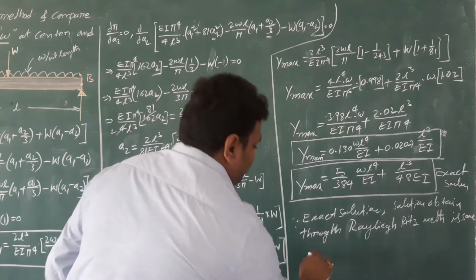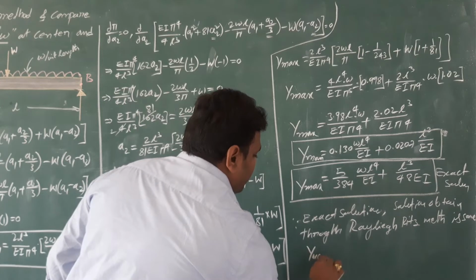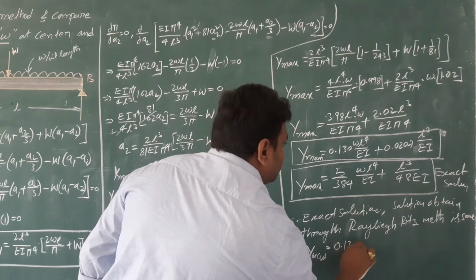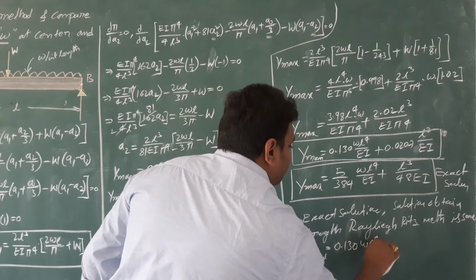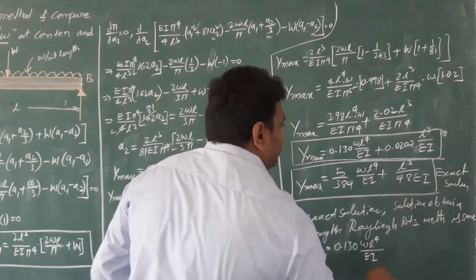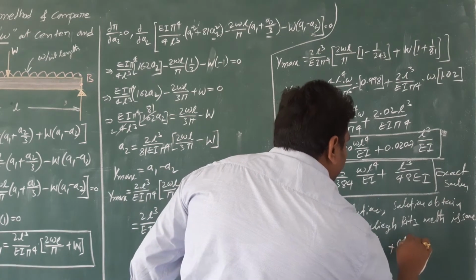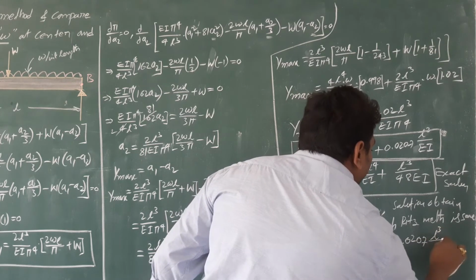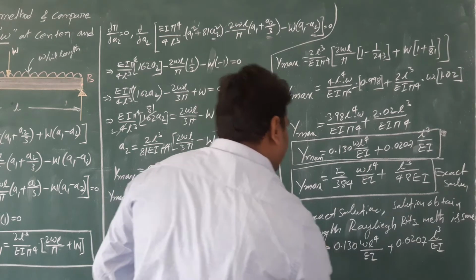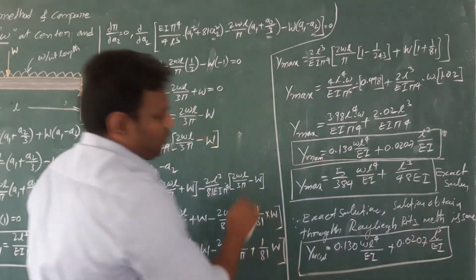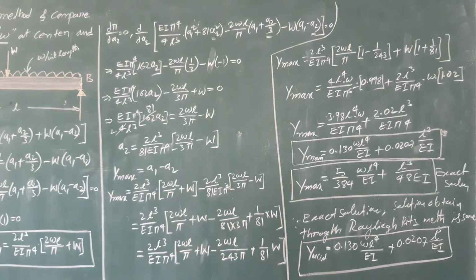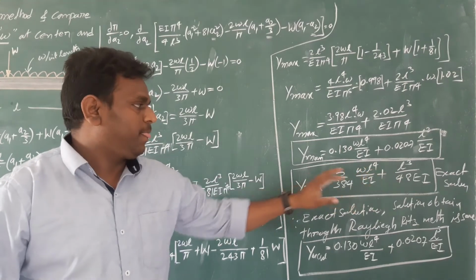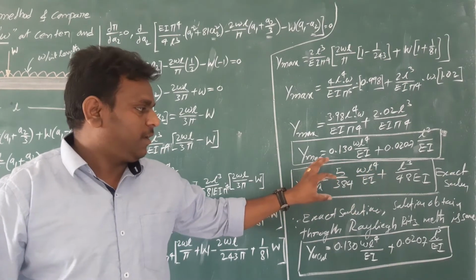Okay, so finally Y max is equal to 0.130 WL power 4 divided by EI plus 0.0207 L cube by EI. So both are same. The exact solution obtained through mechanics of solids, this is the exact solution through the analytical method.